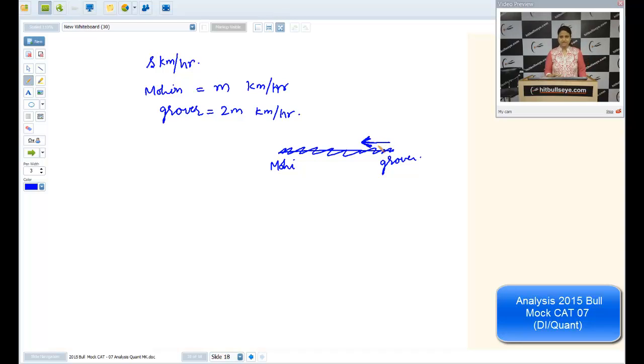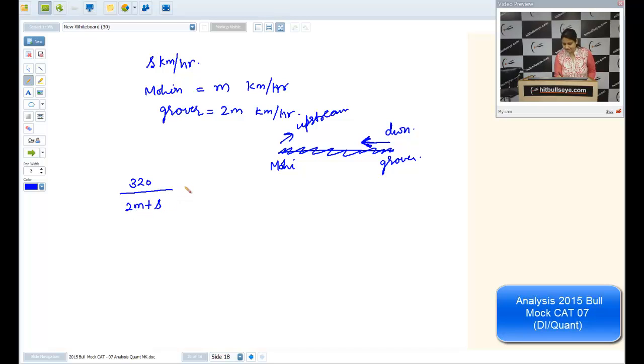Already Grover's speed is double of Mohinder. So he'll take less time. And he is giving the maximum head start. It means what? He'll be taking the least time. So he'll be moving in the downstream. And Mohinder will move in upstream. So 320 divided by 2m plus s.